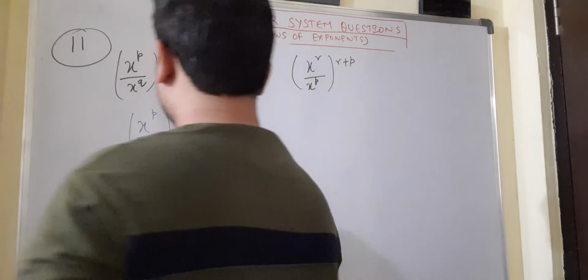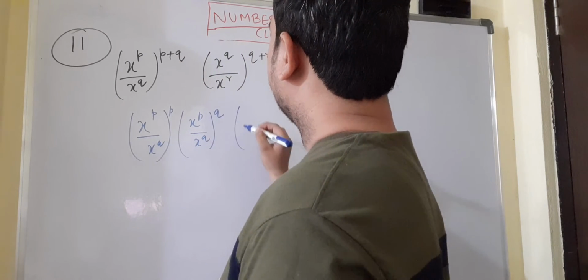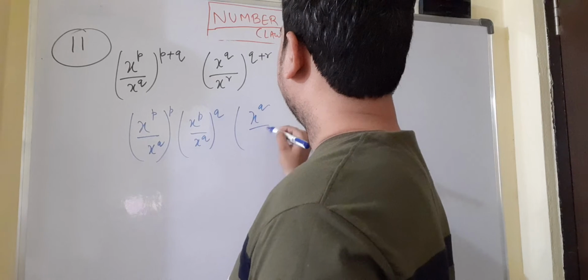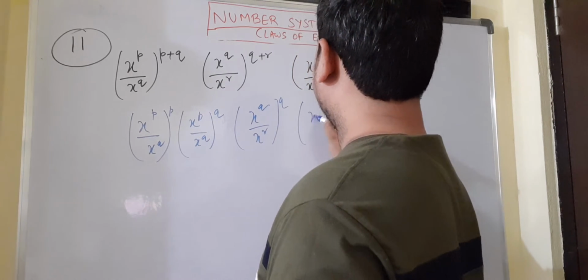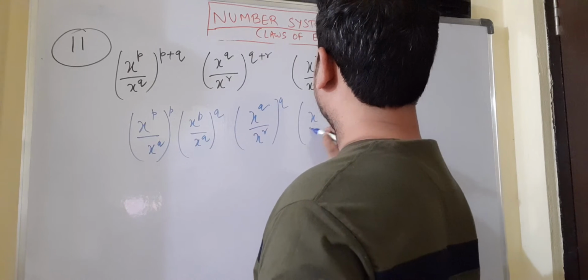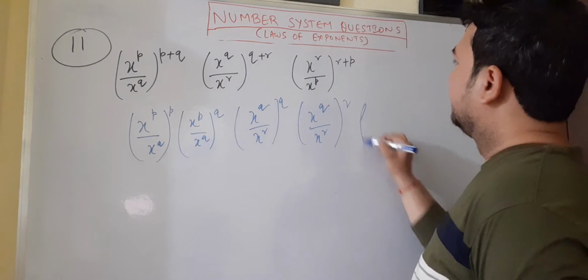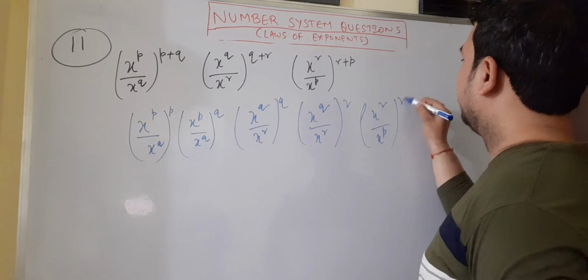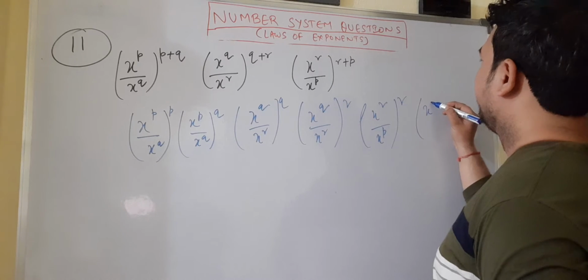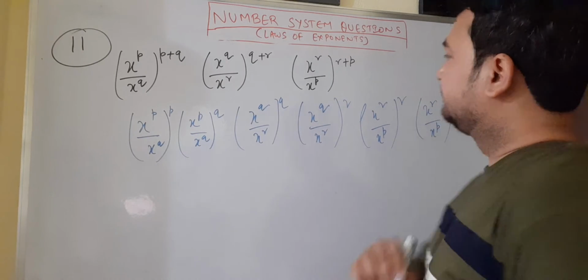Whichever way you want. If we do it like this, x to the power q, x to the power r, and r, then x to the power r, x to the power p, one time r, x to the power p, and this time p.